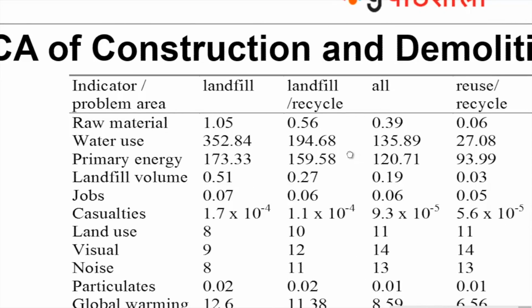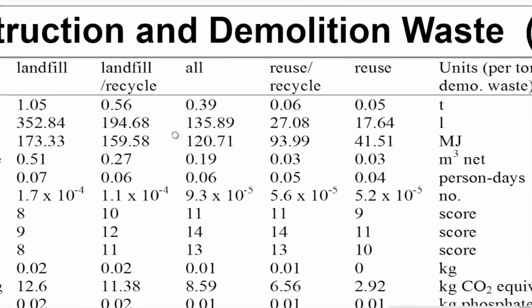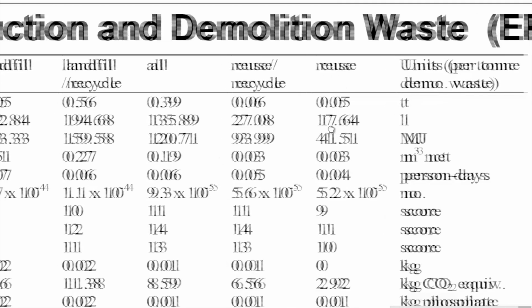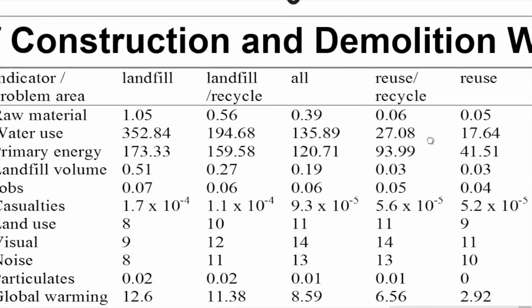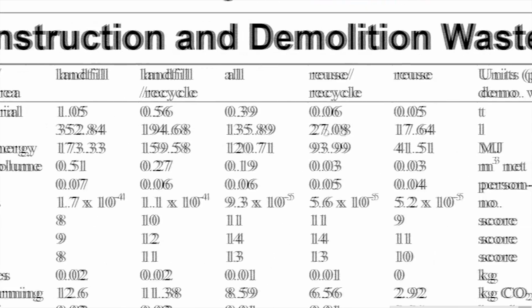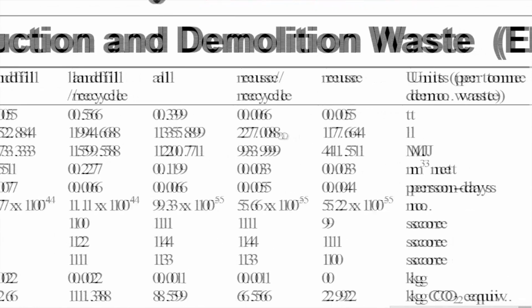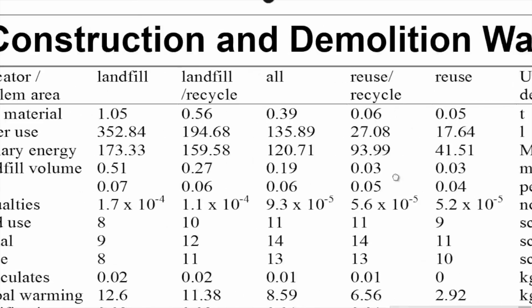The raw material produces 1.05, and during landfilling 0.56, and in terms of reuse of this material it is only 0.05 tons, which is considerably less. The water usage is 352 liters, and in terms of reuse, a considerably greater value of 17.64 liters can be reused or recycled.